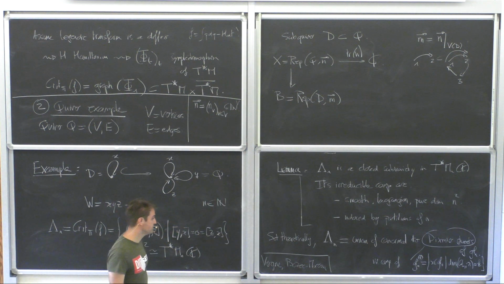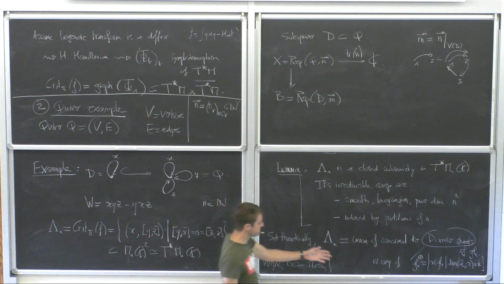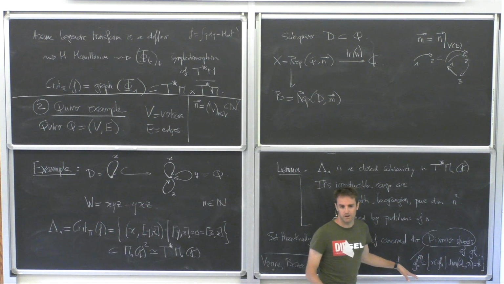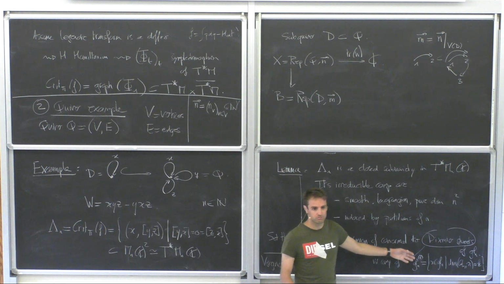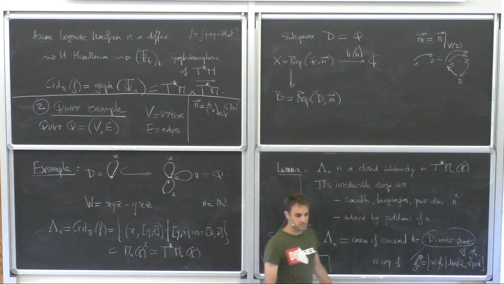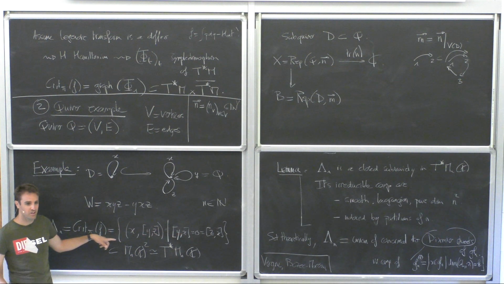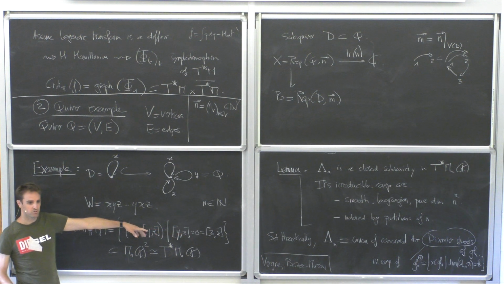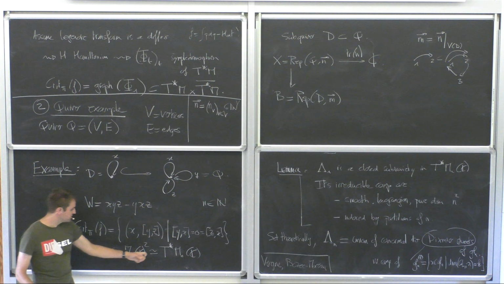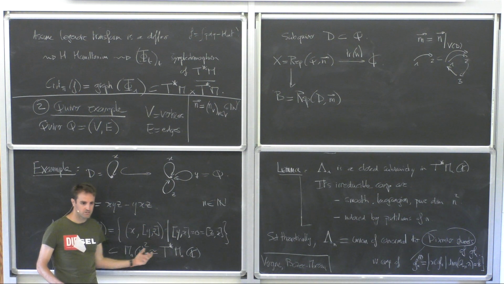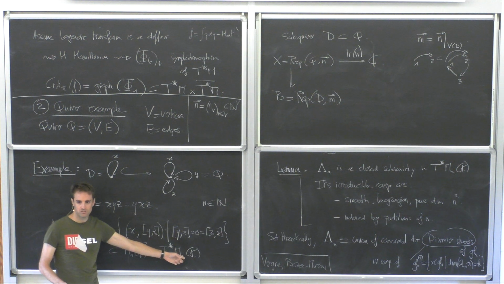That's something you can define for every Lie algebra. If your Lie algebra comes with a symmetric non-degenerate invariant pairing, you also get that g cross g is the cotangent.